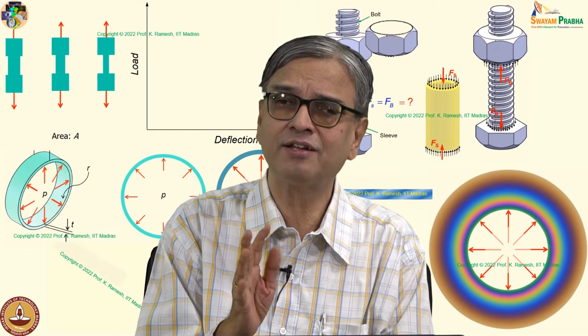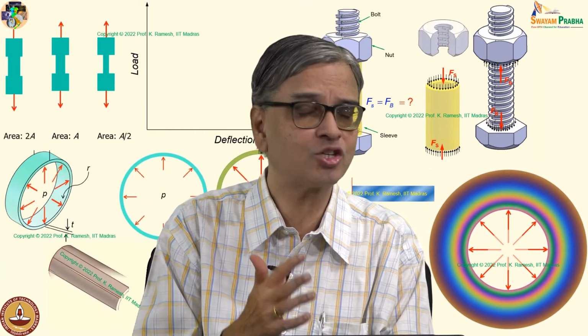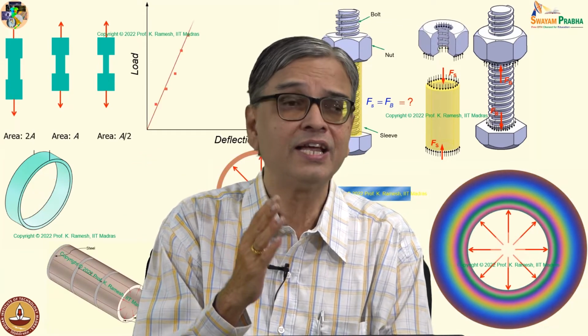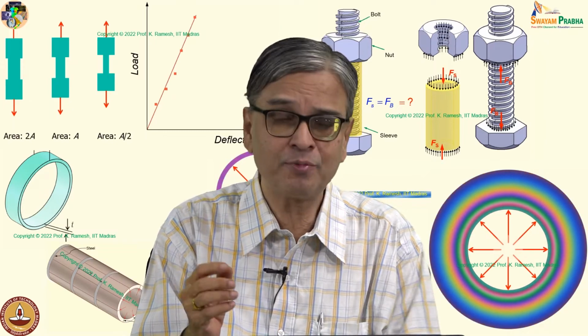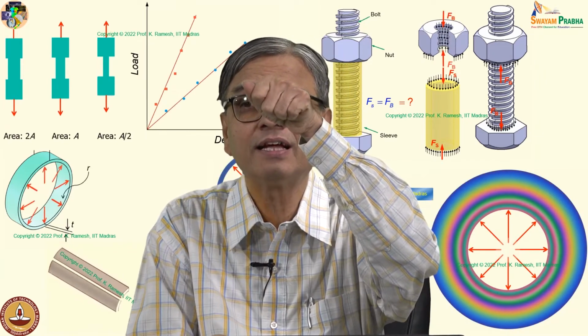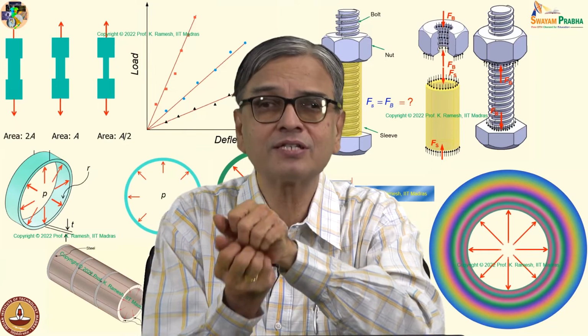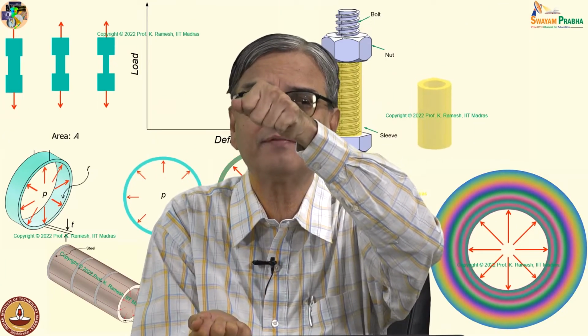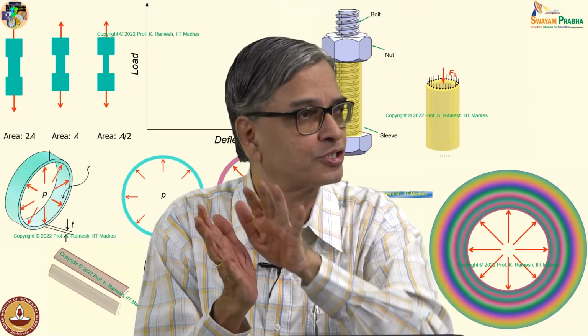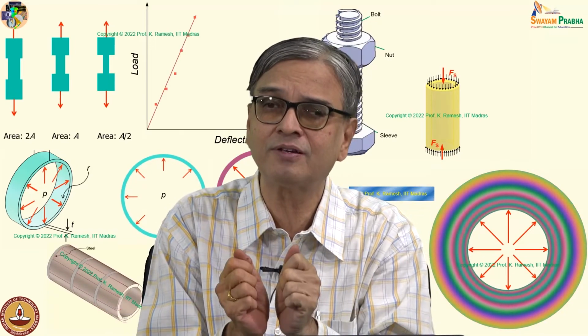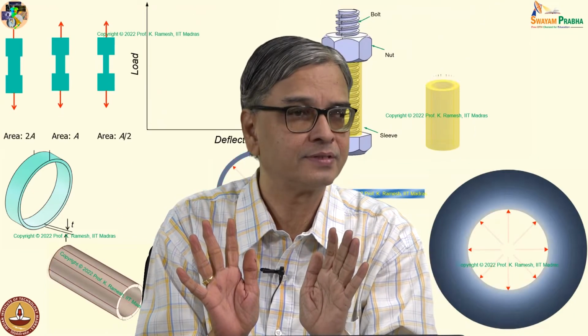First thing is, you expect it to be linear as long as your deformation is small. I am not pulling this material to the level of breakage. I am just elongating it. When I remove it, it will come back to its original position. So, I am really stretching it to small amounts. Fine.